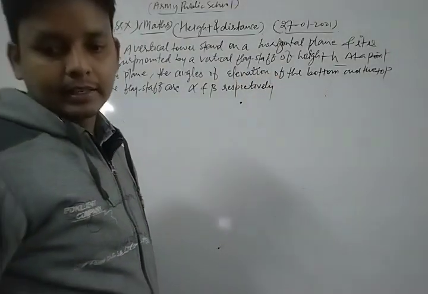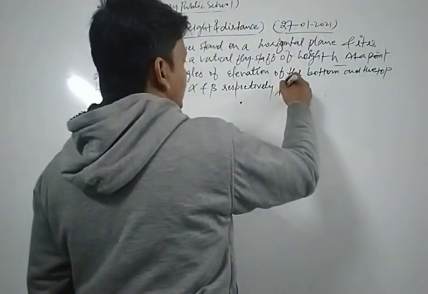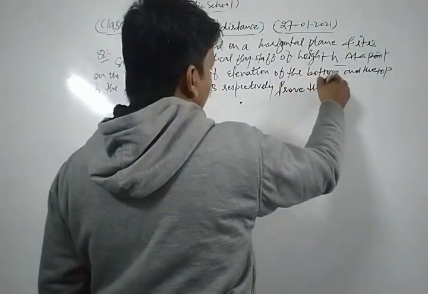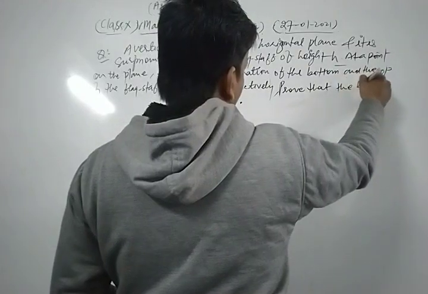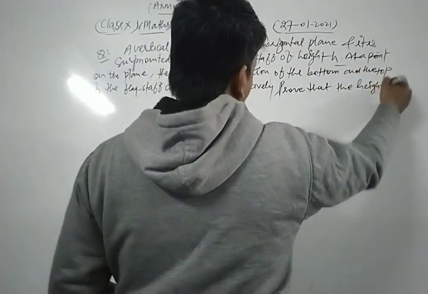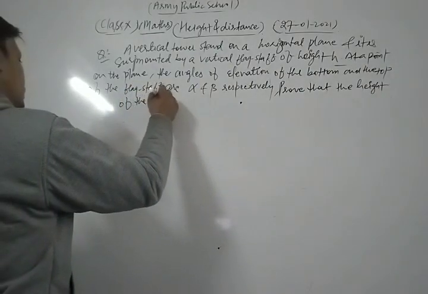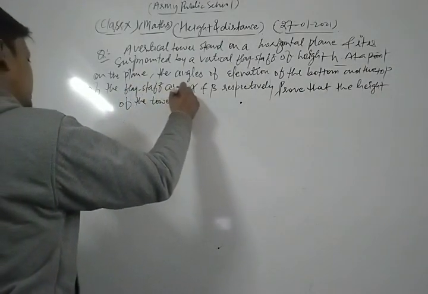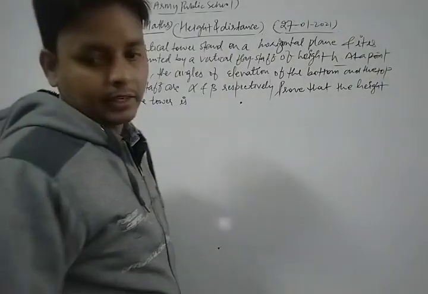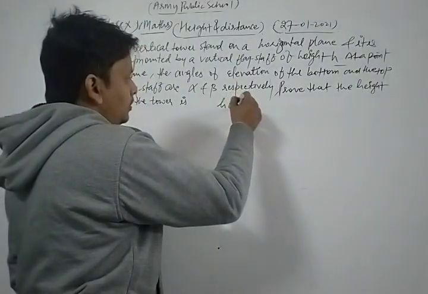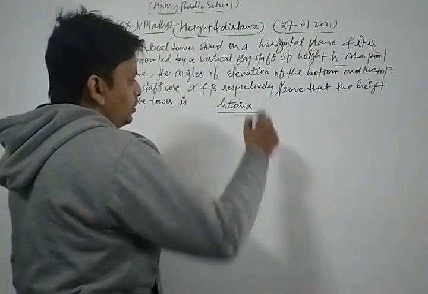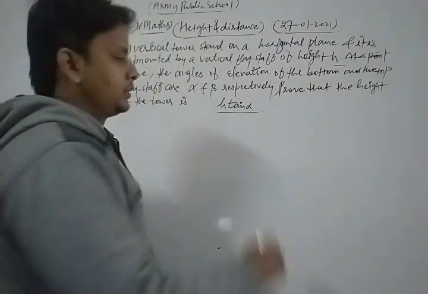Prove that the height of the tower is h tan alpha upon tan beta minus tan alpha.